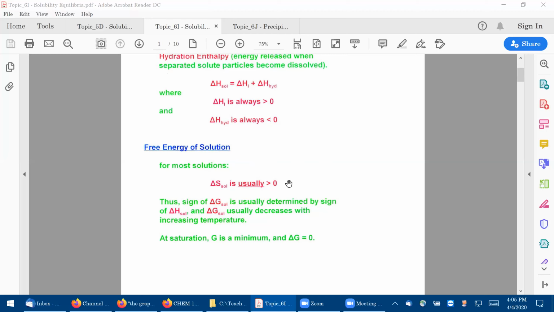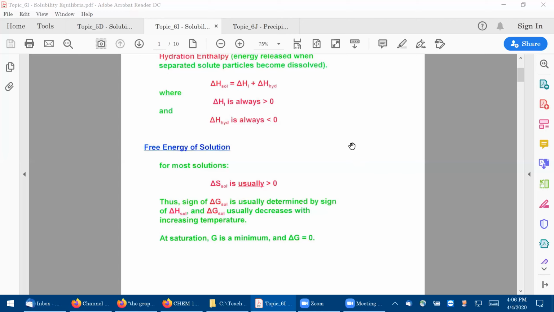I say usually greater than zero because what happens, of course, as we'll see in a minute, is that the ions in aqueous solutions, each of them, are surrounded by a number of water molecules, both the cations and the anions. And these water molecules stay as essentially a coordination sphere, a clump, if you will, around the ions. And in essence, then 6 water molecules are behaving as if there were only one in terms of individual particles.